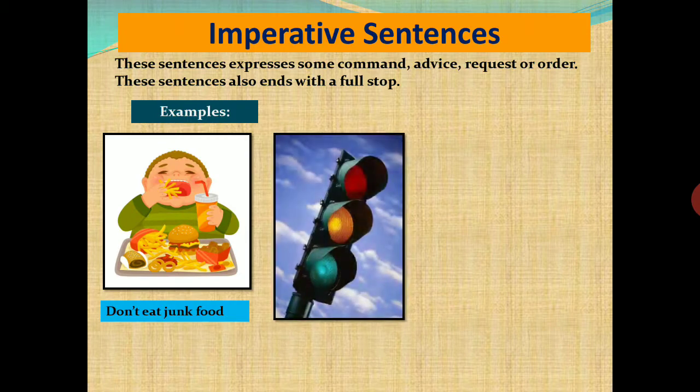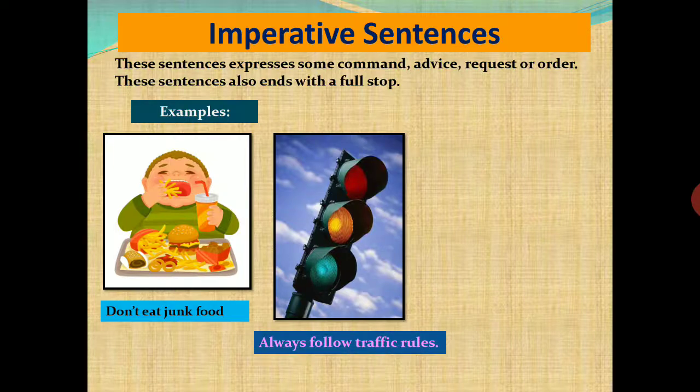My next example is, what is this? Traffic signal. Why do we use this traffic signal? So that we don't meet with any accident. Yes. So my second example is, always follow traffic rules. I'm giving an instruction that always follow traffic rules.